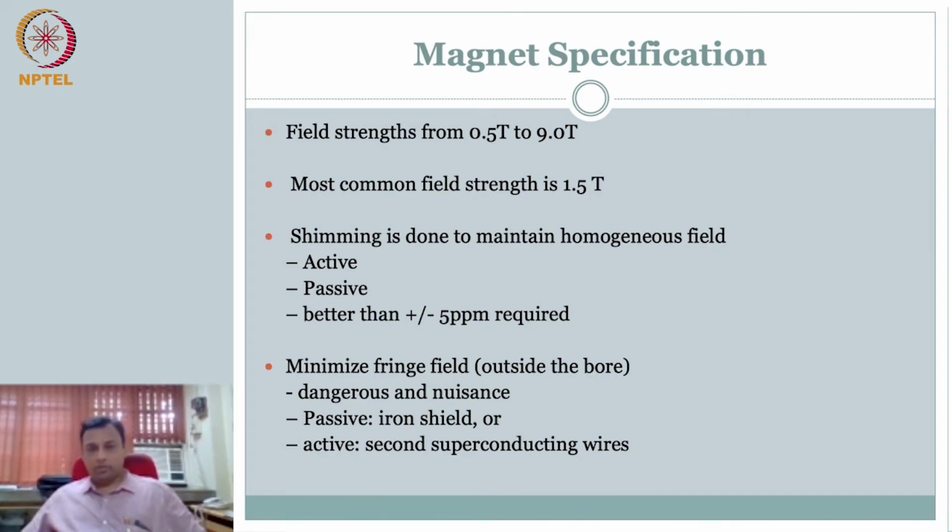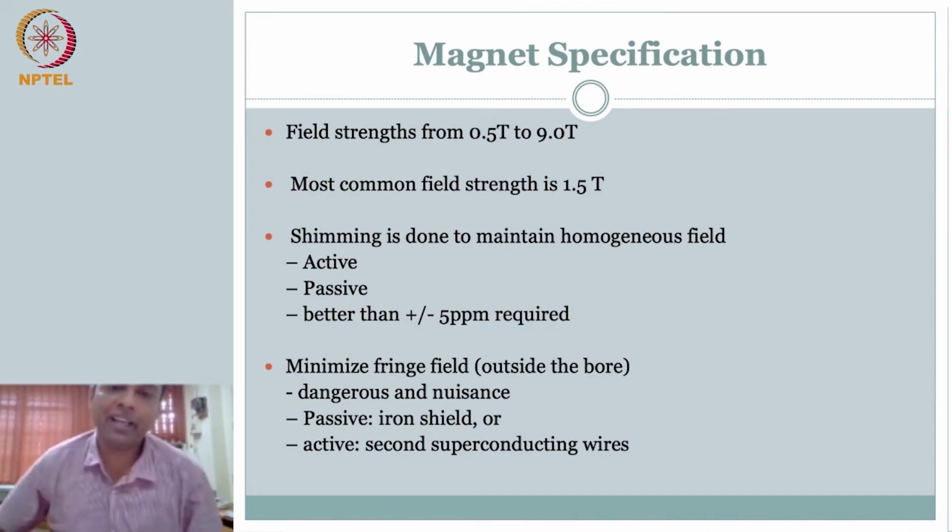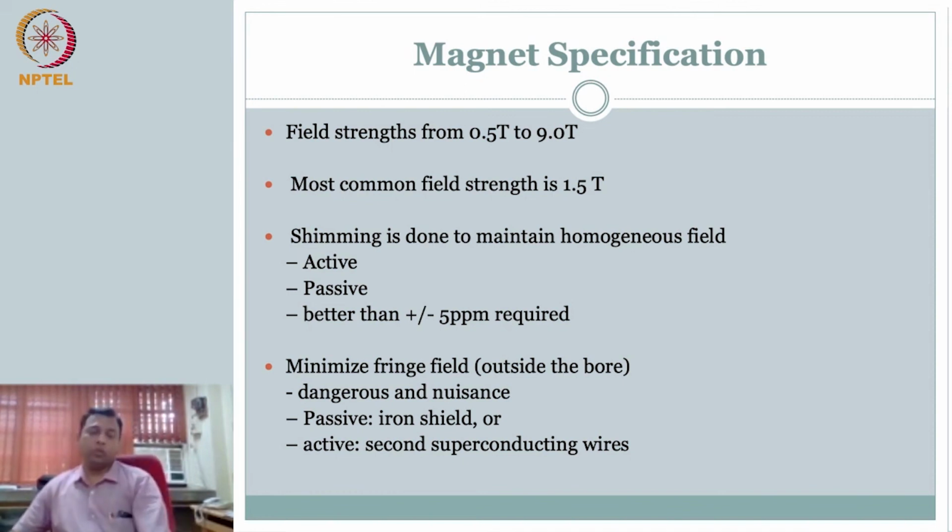So this is the shimming that you get, and of course you also get this magnet with minimized fringe field. These are specifications that are typically available with superconducting magnets, which is why they are popularly used. Clear?